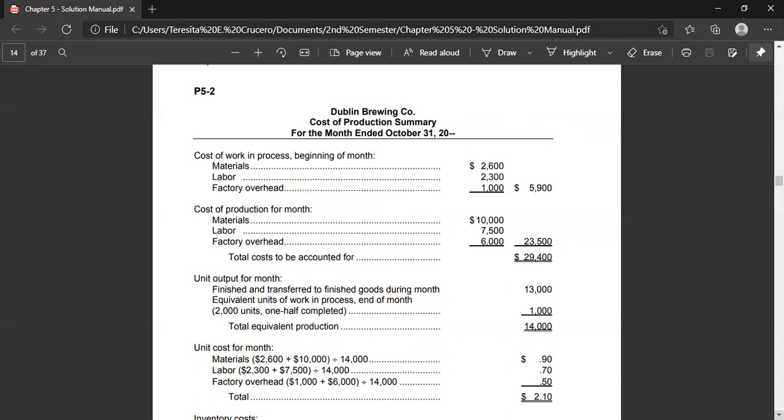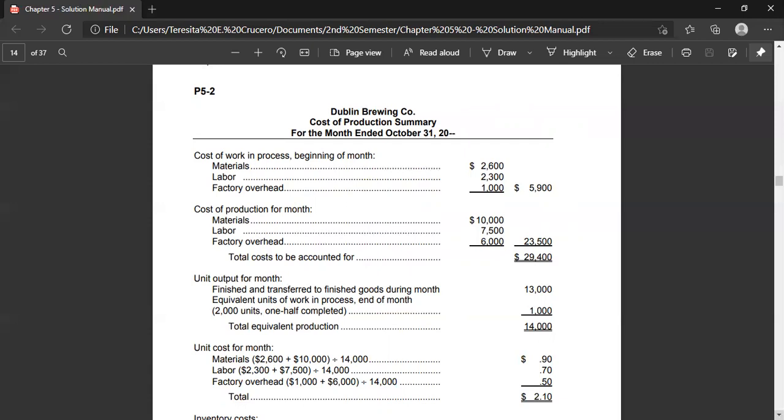So for the unit cost for the month, we are dividing material cost by, here we have 2,600, the material cost of the beginning inventory. Then we have the material cost of the units just transferred. So we have now the total of 12,600.